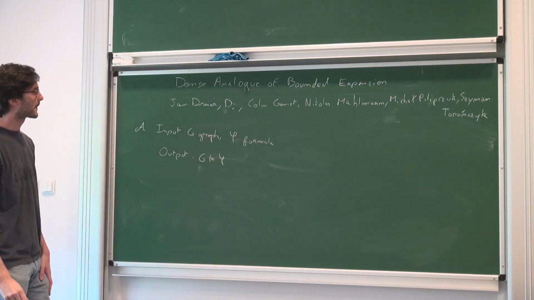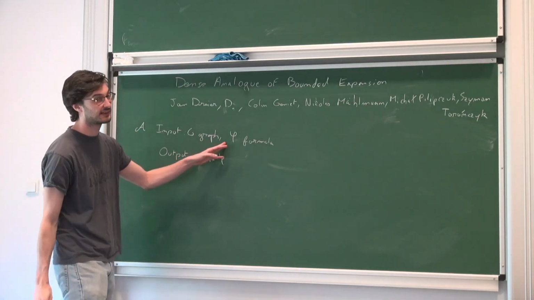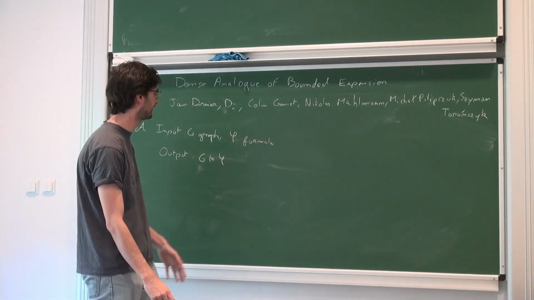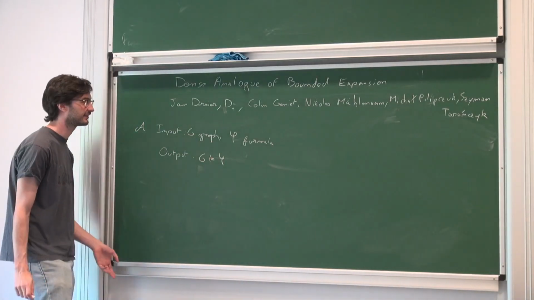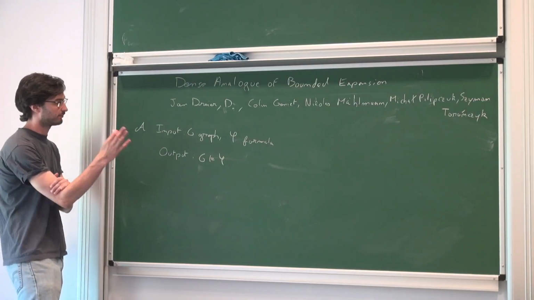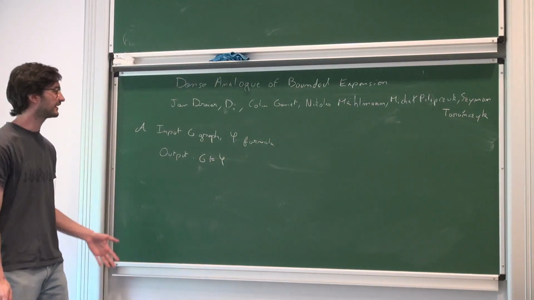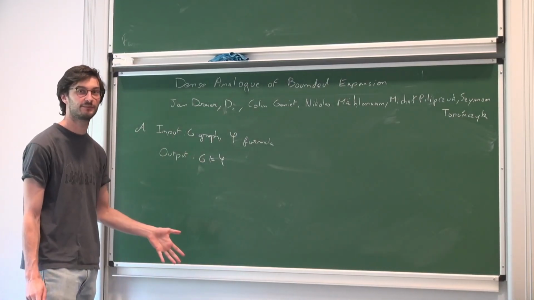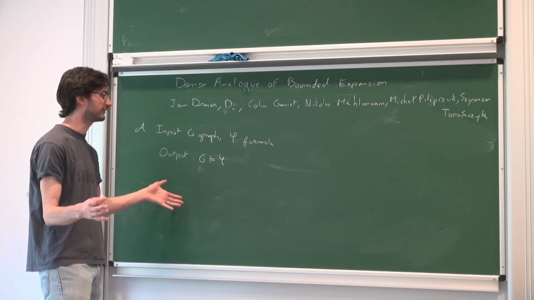You can choose the logic in which you will write your formula. We will be mainly interested in first order logic, but this problem can be stated for any logic, and obviously you won't have an efficient algorithm for the set of all graphs.